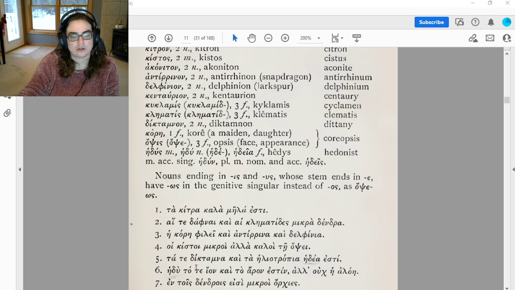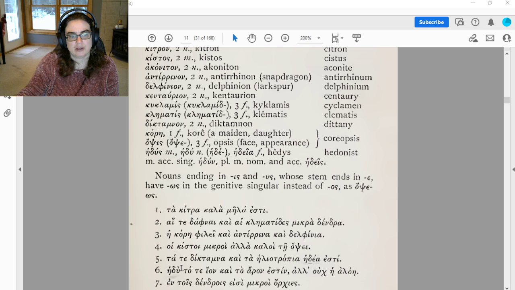Hedu to te ion kai to aron estin, all' ouk he aloe. Right? Both the... I'm doing the thing that I said I always do. It's not ivory. Violet. Both the violet and the arum are sweet, but not the aloe.